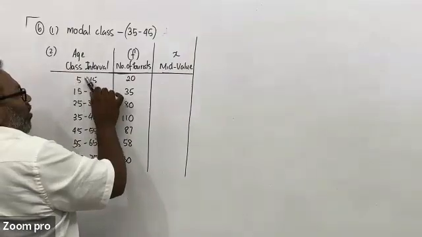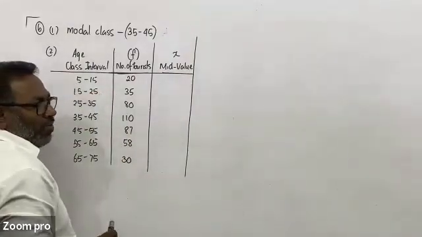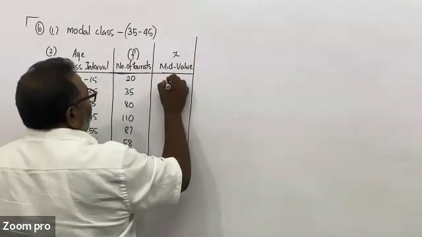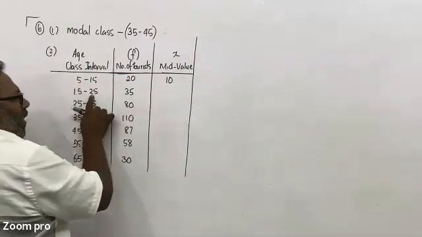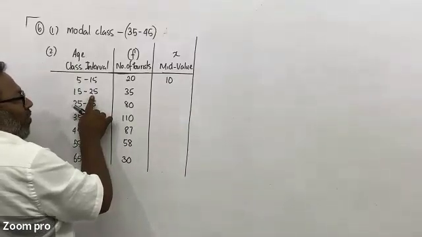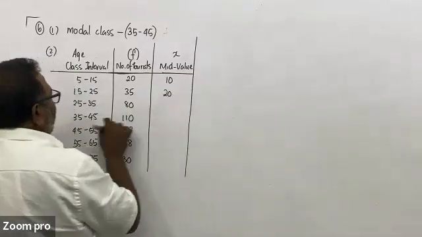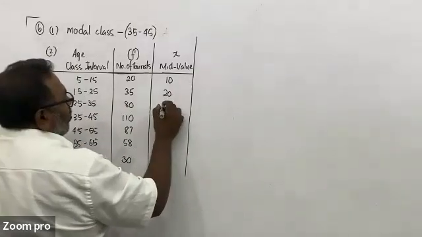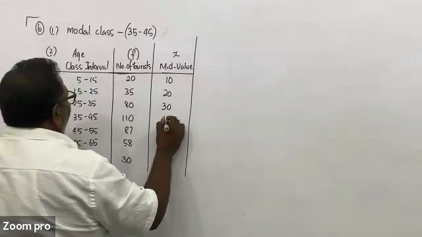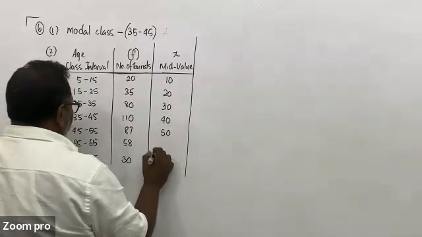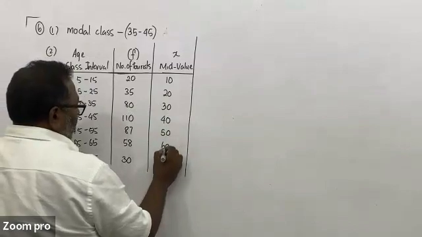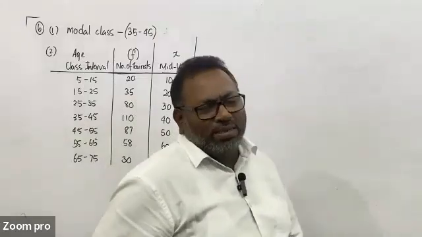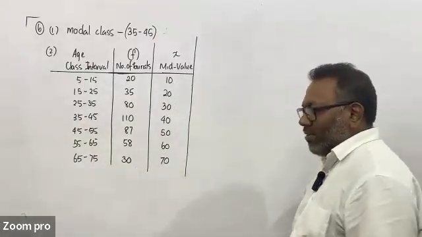You take the lowest value plus the higher value and divide by 2. 5 plus 15, 20, divided by 2 is 10. 15 plus 25, 40, divided by 2 is 20. Here 60, divided by 2, 30, 40, 50, 60 and 70. There's a pattern.